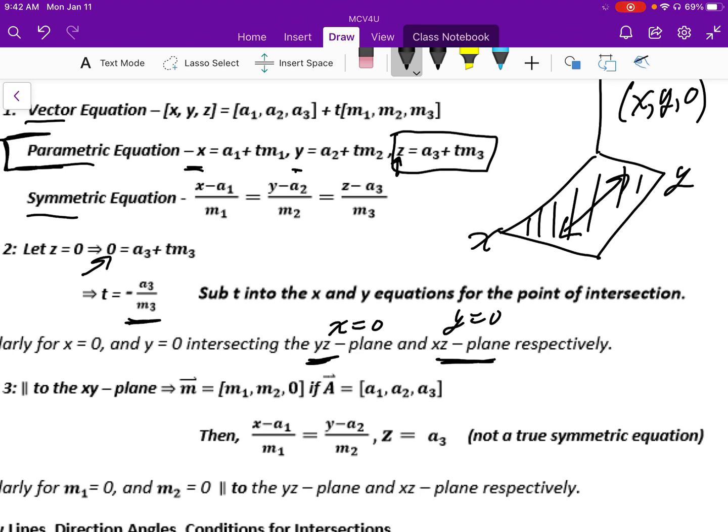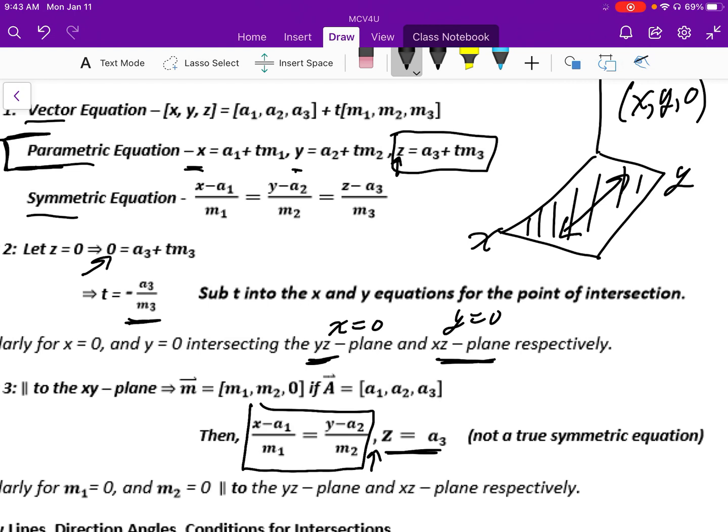Okay, well, this causes a bit of a problem for the symmetric equation because you can't divide by 0. All right, so we adjust the equation a little bit. We have a symmetric equation for the first two, and then we just have a comma and say, well, here's what z is equal to.